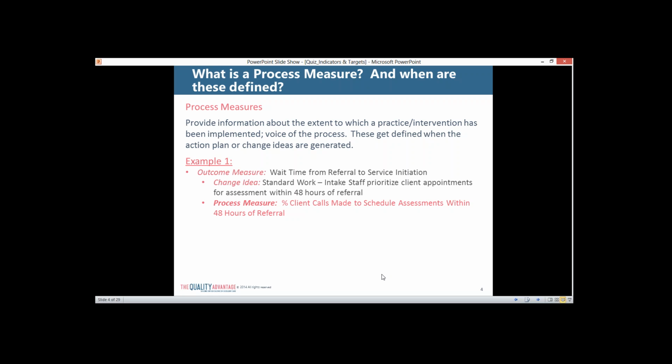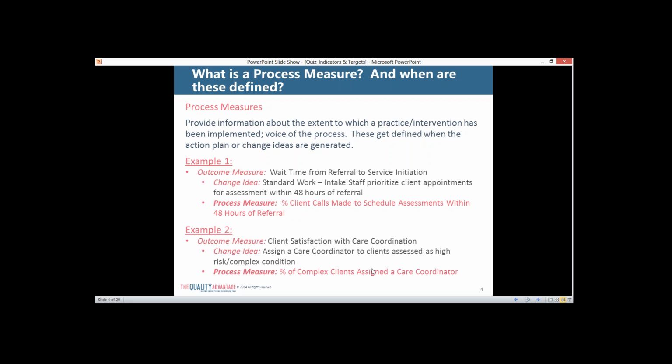So the process measure basically just measures the extent to which that change idea has in fact been implemented. So a relevant process measure would be the percentage of client calls made to schedule assessments within 48 hours of referral.